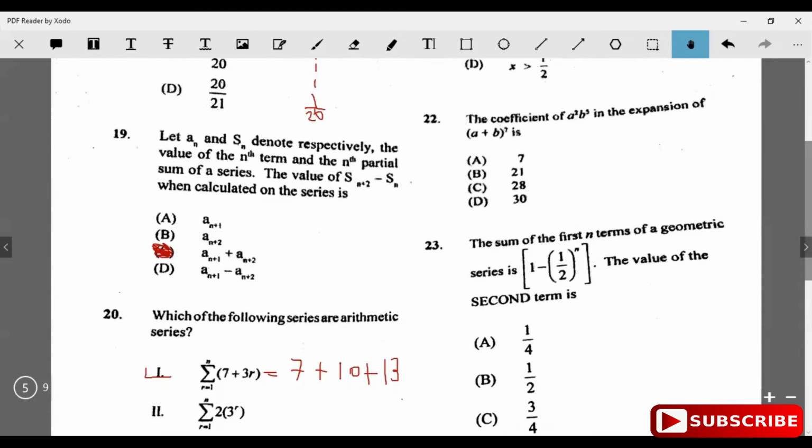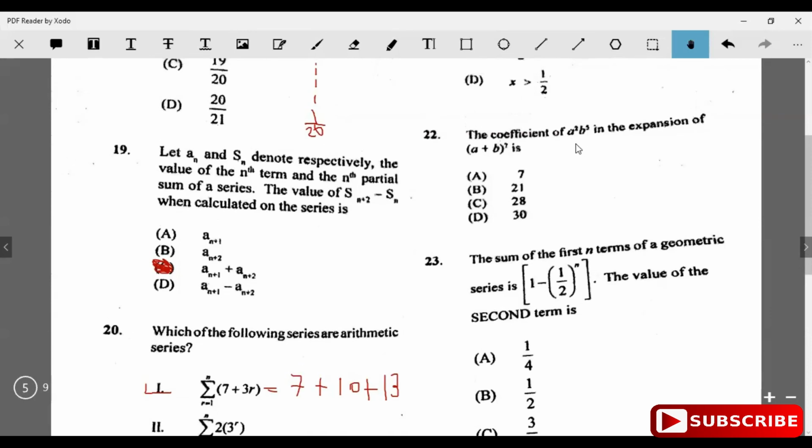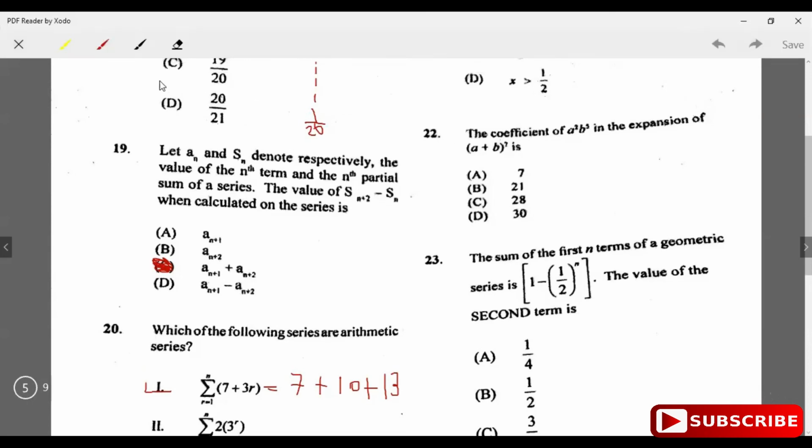Question 22. Oh, this is not a repeat question. This one is new, so let's work it out. You want the coefficient of a squared b to the fifth. We want the term where we're choosing 5 from 7.